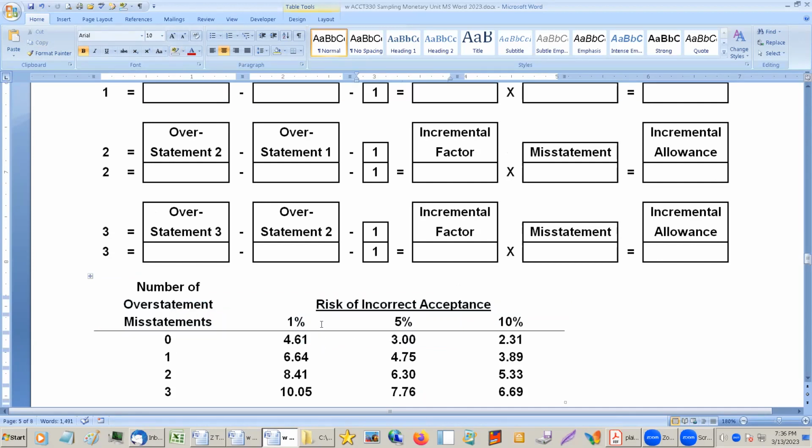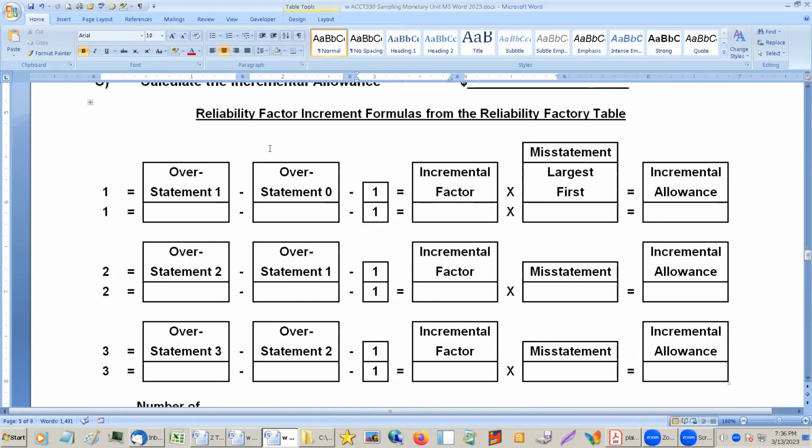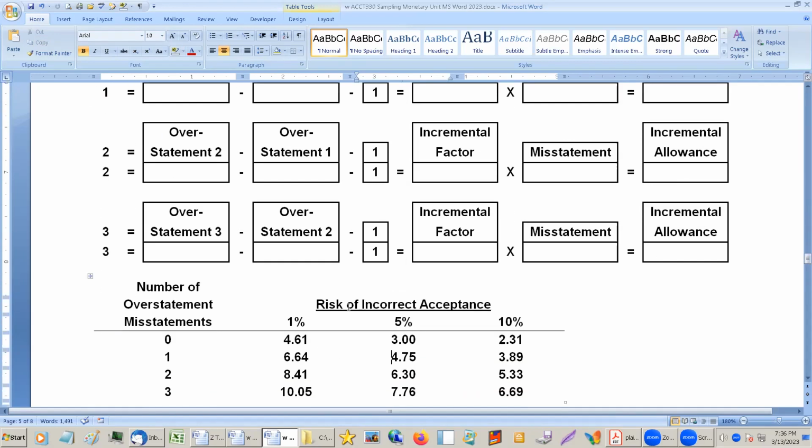So we go to our reliability factors. So here's the reliability factors. Look at that label. It's labeled down below. Should be labeled here too.